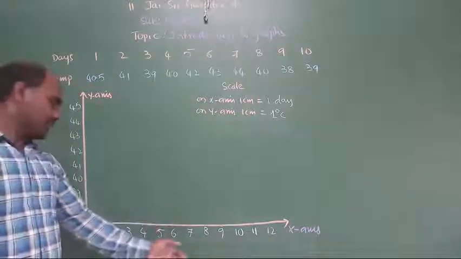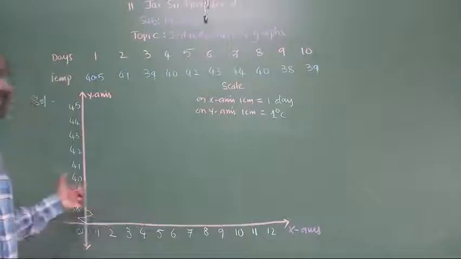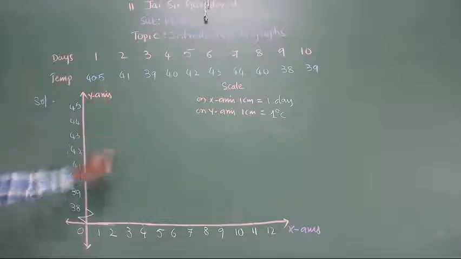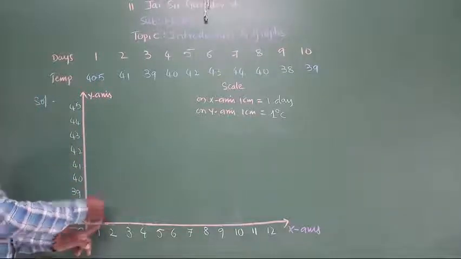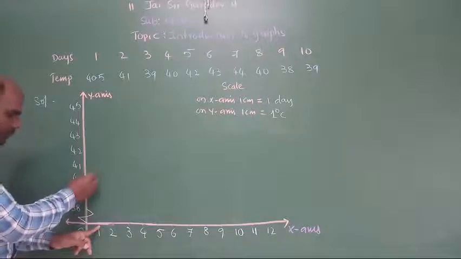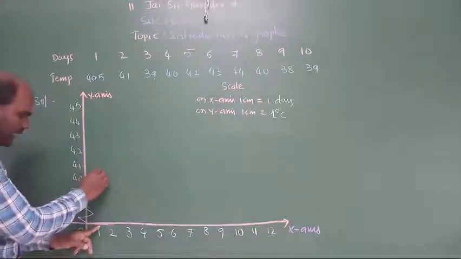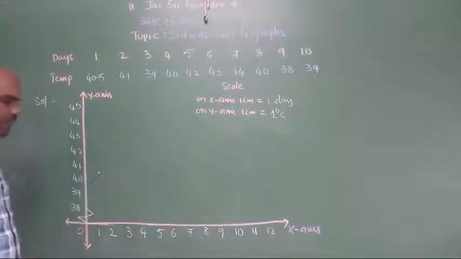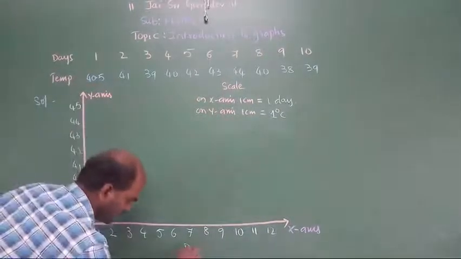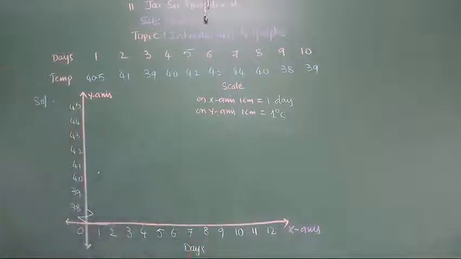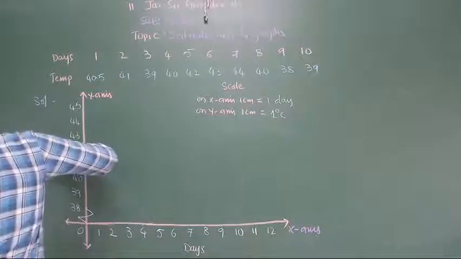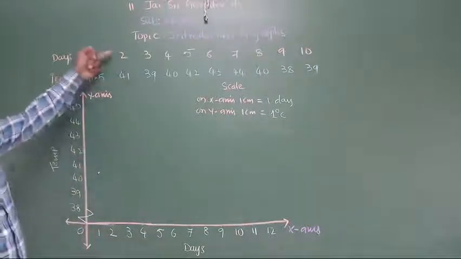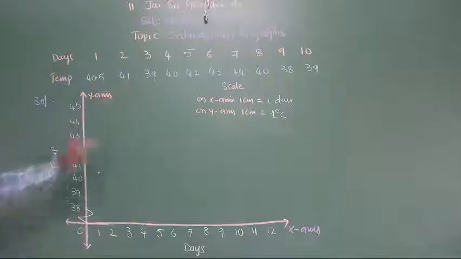Then identify the x-axis and y-axis values. First day, how much is the temperature? 40.5, which lies between 40 and 41. On the x-axis you take days, on the y-axis temperature.